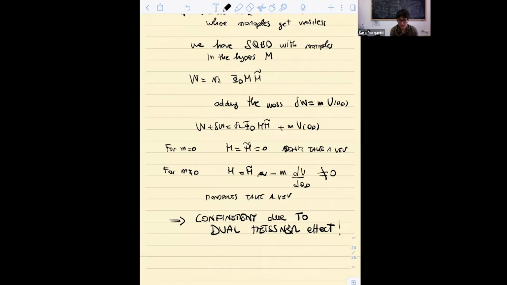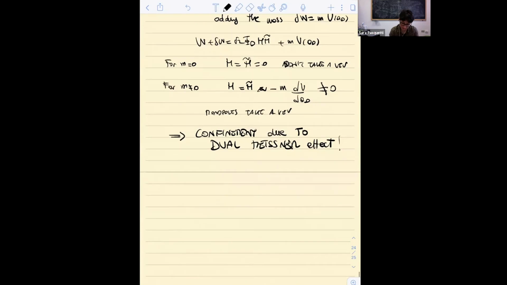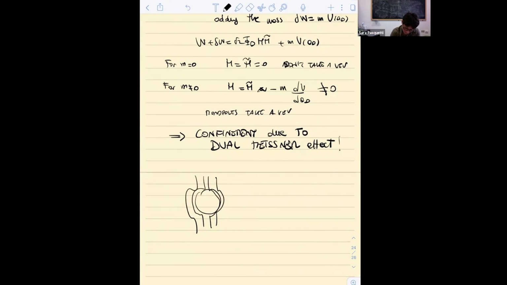The sketch of this idea is that the magnetic lines cannot really enter the superconductor below the critical temperature.